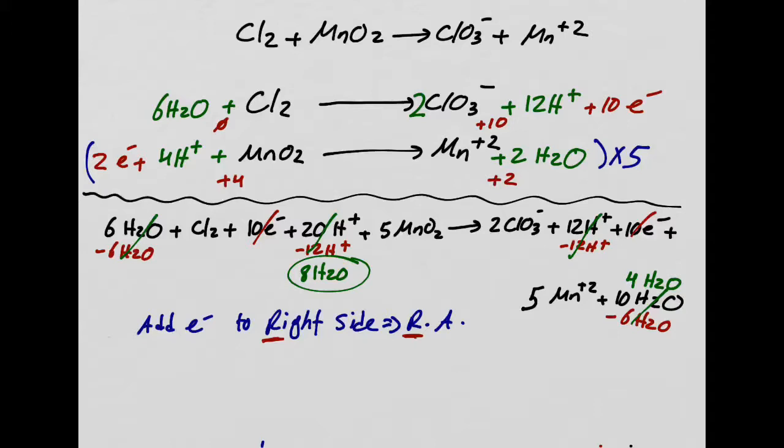That's a way to double check yourself. Here I added electrons to the left. Here I added electrons to the right. Again, agents always have to be on the reactant side. I know I keep repeating. Please remember that. So these two are the agents. I add electrons to the right. That means this guy over here is my reducing agent. If this is my reducing agent, the other one automatically becomes the oxidizing agent.